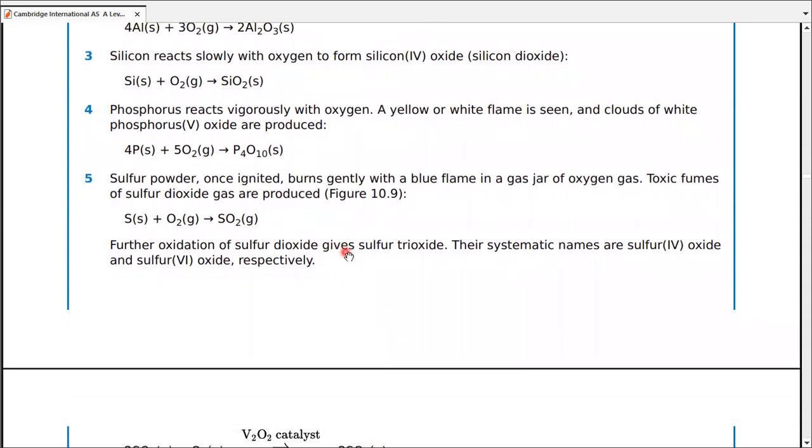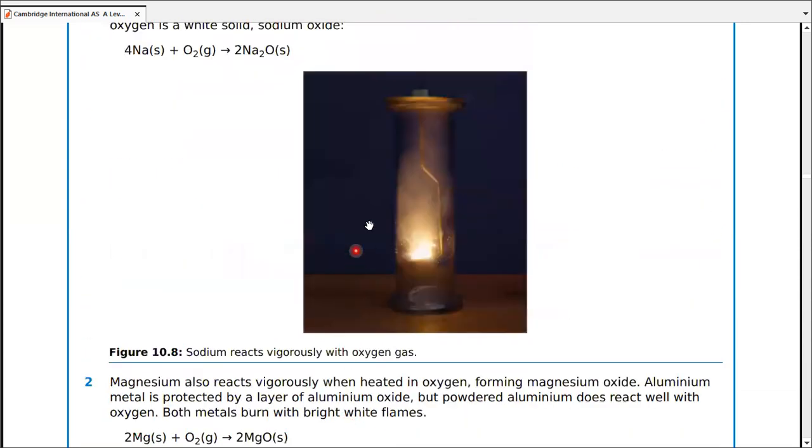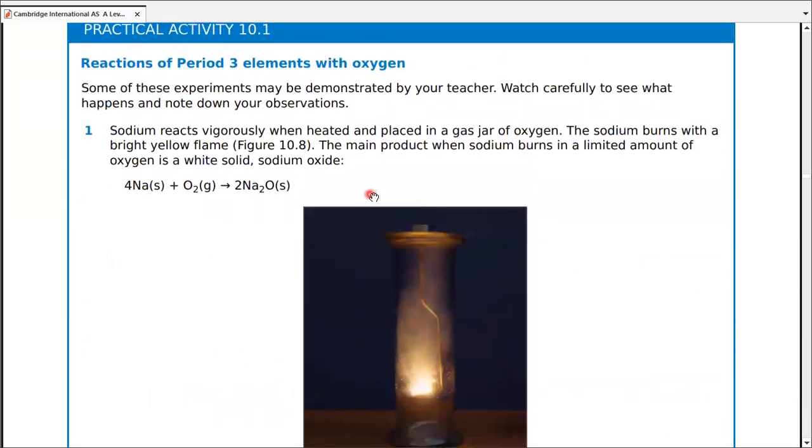Okay, so sulfur powder, once ignited, burns gently with a blue flame in a gas jar of oxygen gas. Now, this actually happens with a blue flame. That is something that we specifically explained back in IGCSE. So it's the same over here. Toxic fumes of sulfur dioxide gas are produced. Now, keep in mind that we are talking about not just the formation of oxide, but how the oxides may look or how they may behave along with one or two of their physical properties.